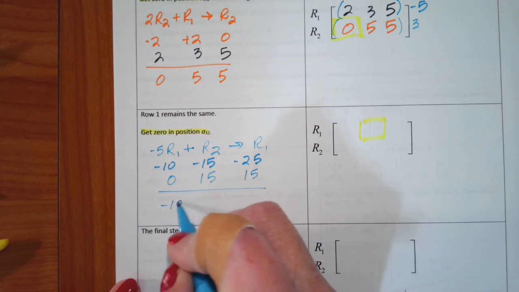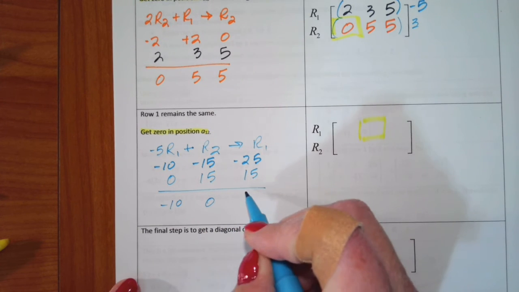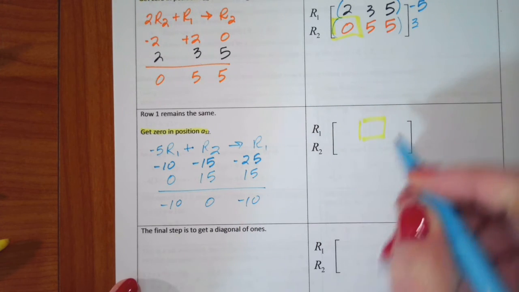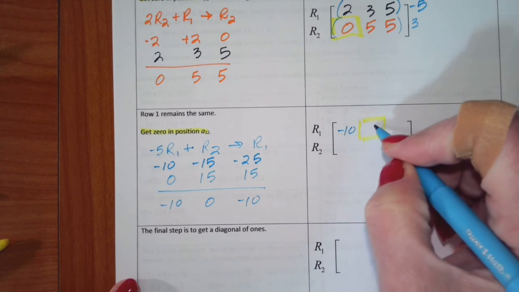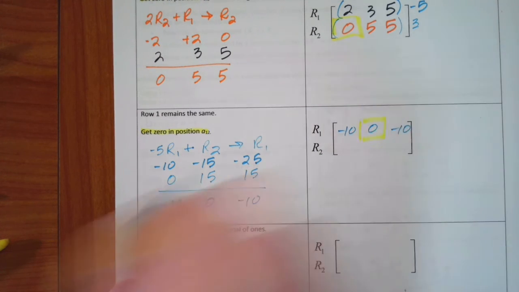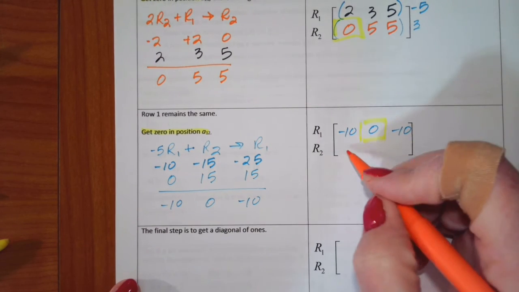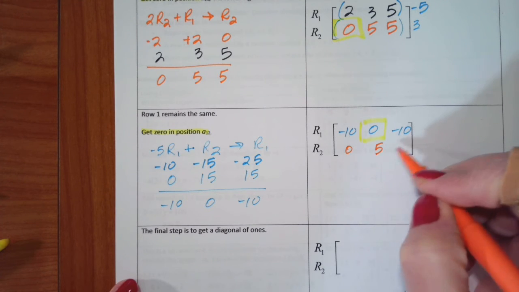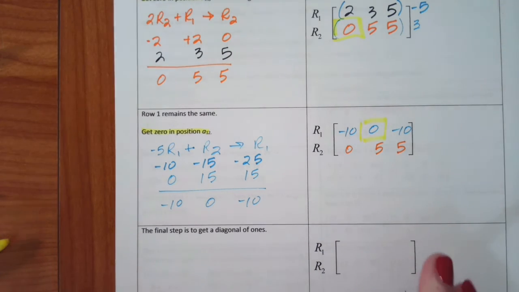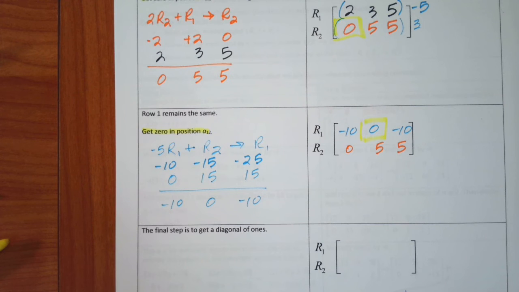So that gives me -10, 0, -10. And of course, I have my 0, 5, 5. Okay.